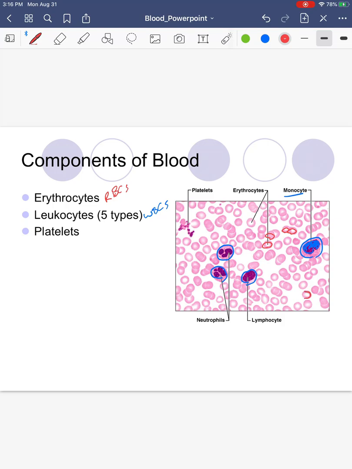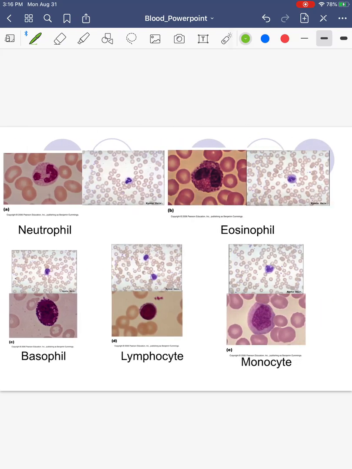That's why they almost look transparent, because there are no organelles. There is no nucleus. Lastly, we have the platelets, and they will look like really tiny little dots. Here's one, okay?